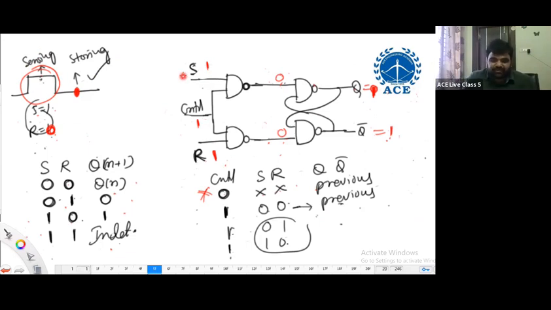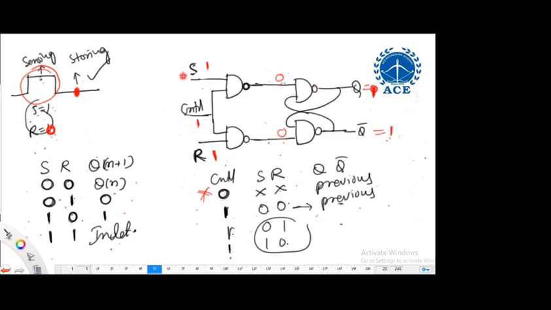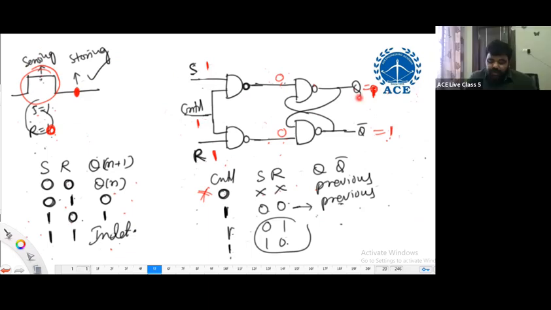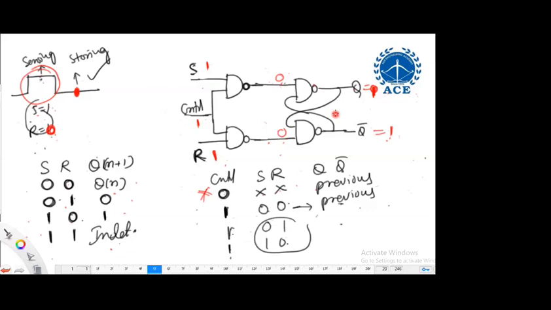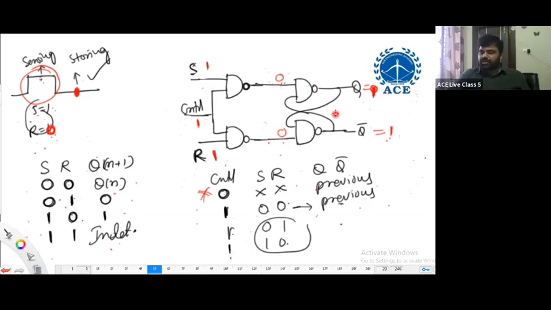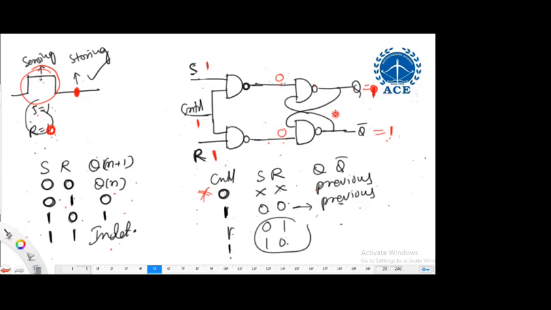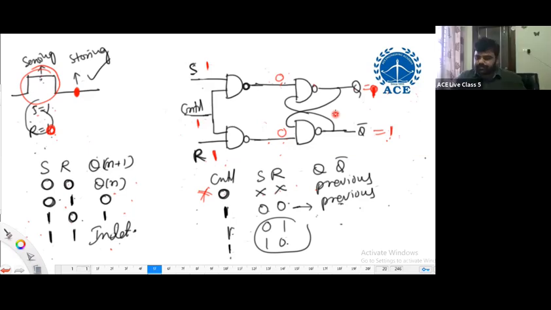The bar is not compulsory, just a naming convention, like how you used M and N previously. Yes. Okay, thank you, sir.